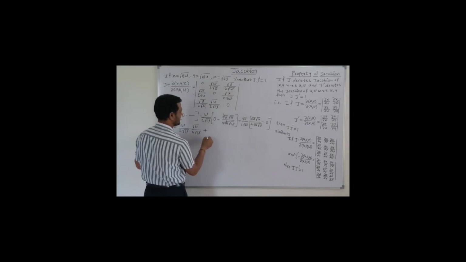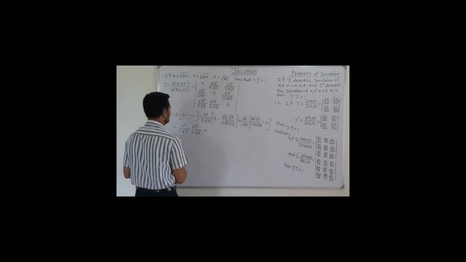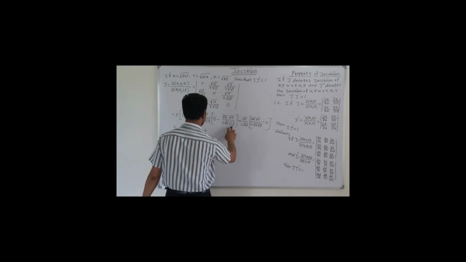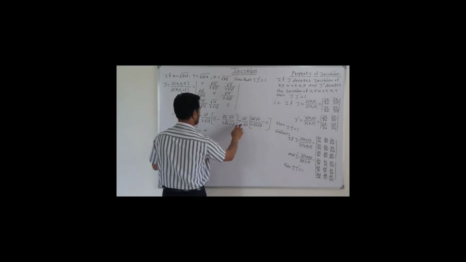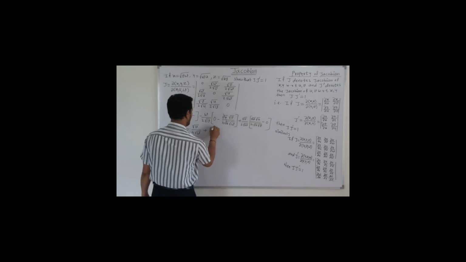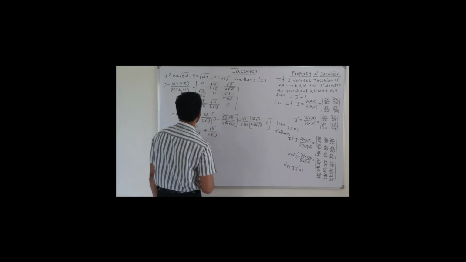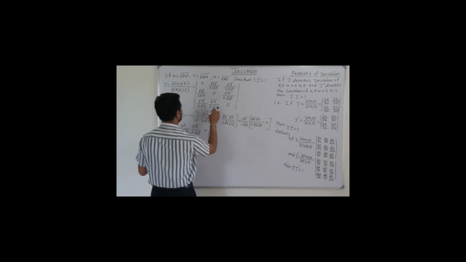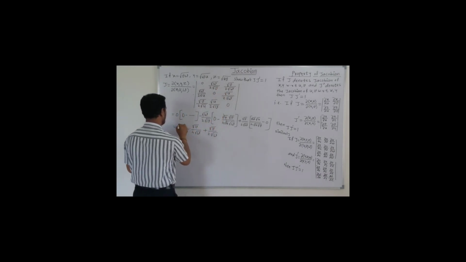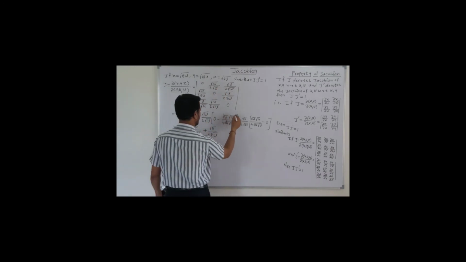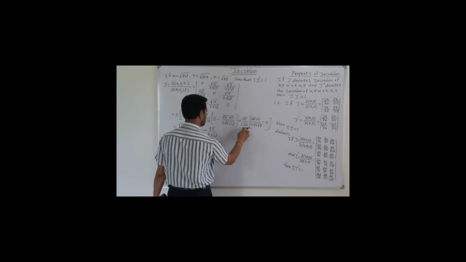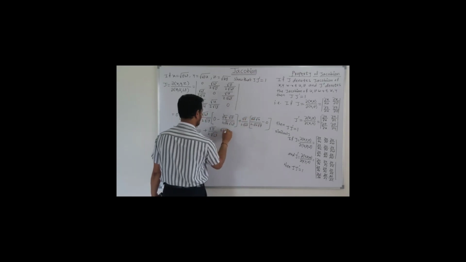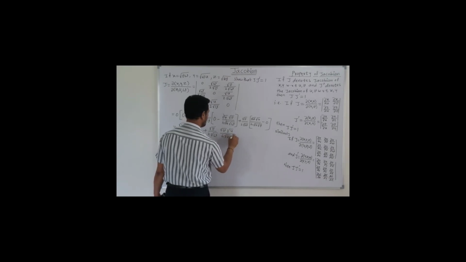Then again plus this term, this is again root of v upon 2 root of w. Here w is there, so this term is root of w, so this is minus root of w. Then after taking this, v upon this term, root of w root of u upon 4 times root of u root of v.